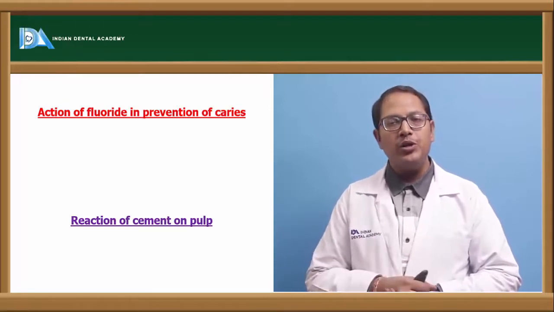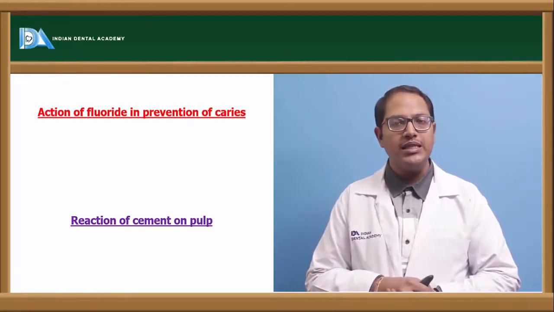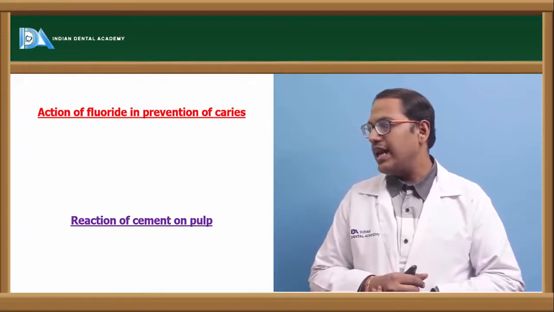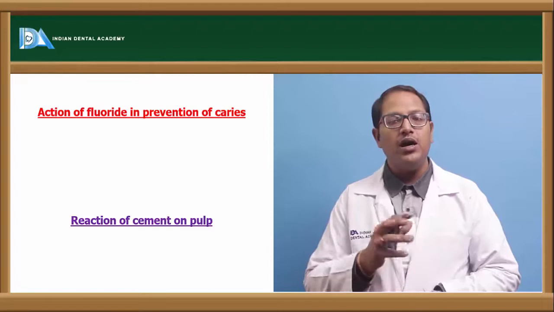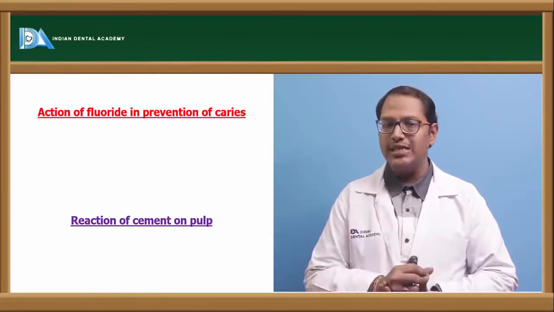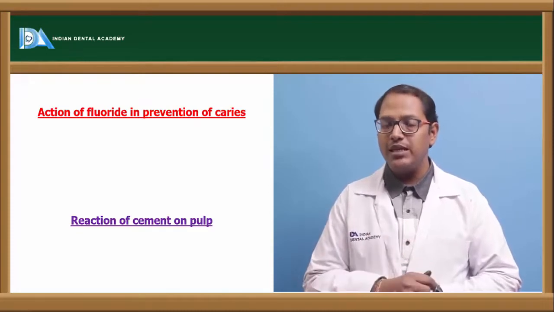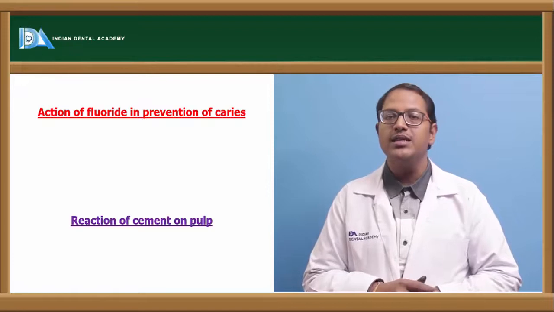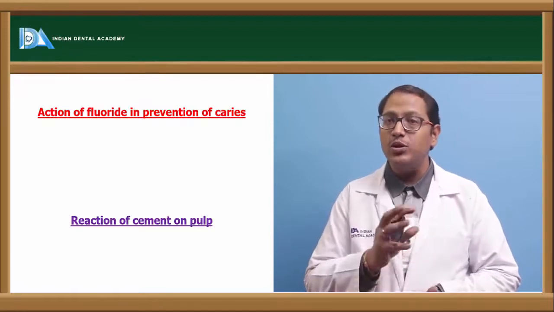Similarly, another important thing about glass ionomer cement is that its solubility is a little high. That is one thing. The second thing is the reaction of the cement on the pulp. Now, because of luting cement, glass ionomer cement, luting consistency when we are mixing, though the film thickness is a little more and higher than 25 micrometer in case of glass ionomer cements, the luting consistency is more acidic.